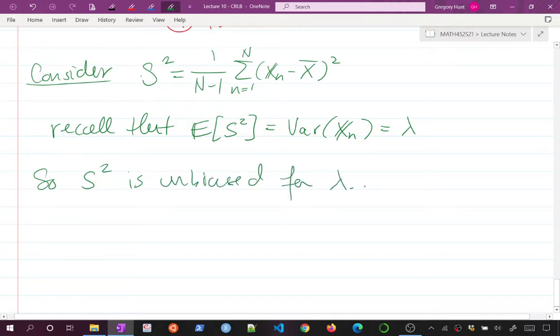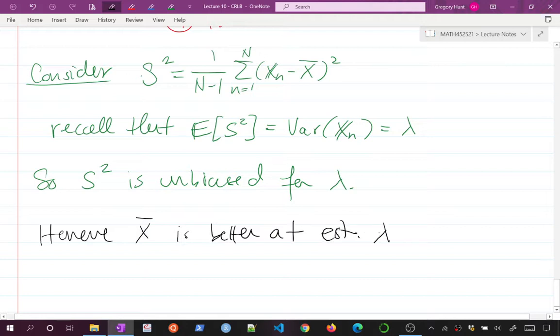All unbiased means is that in expectation, it gives us back lambda. Cool. And is S squared better than X bar? Now we have an answer. However, X bar is better at estimating lambda.